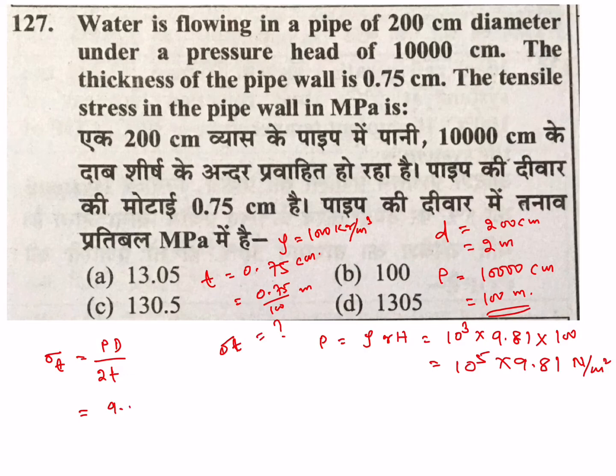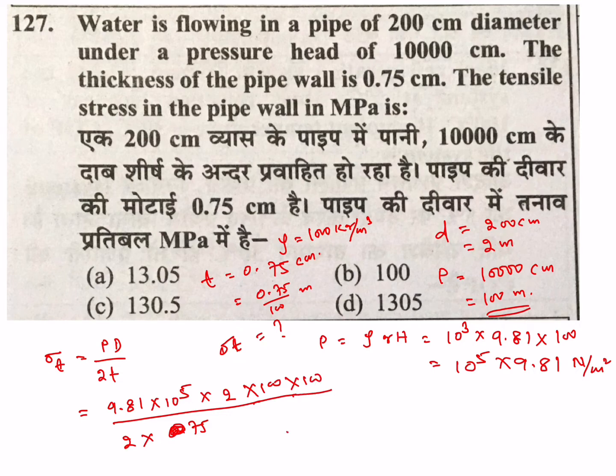So sigma t we will calculate. P is 9.81 into 10 to the power 5 into diameter 2 meter divided by 2 into 0.75 divided by 100. 75 we will take, again 100.